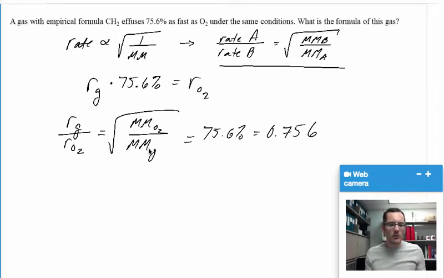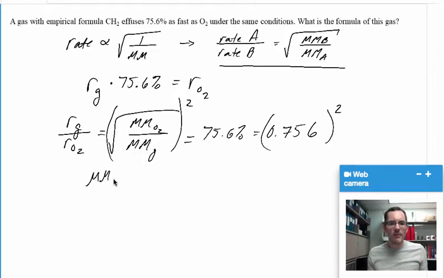So I can plug in what I do know and what I don't know. I can take the square root of both sides. So I can take the square of the square root and do the square of the 0.756. So the molar mass of O2 over the molar mass of our gas is 0.756 squared.